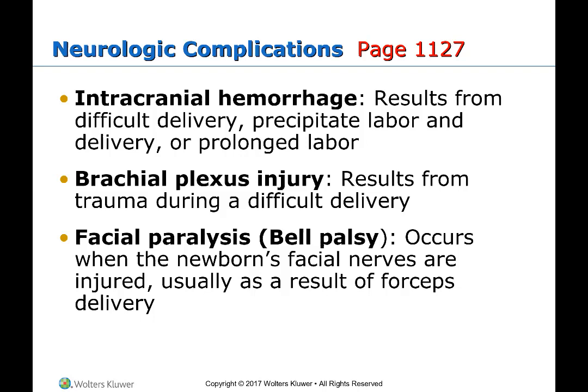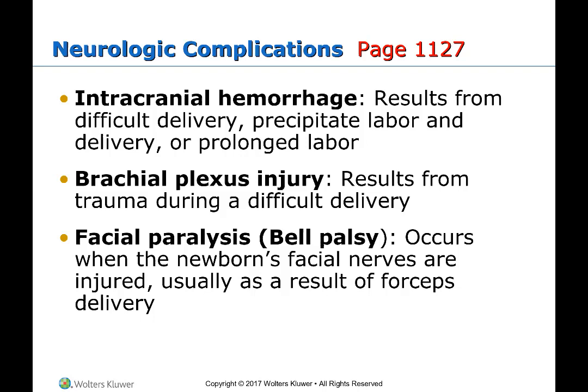Last one we have is facial paralysis, Bell palsy. I'm sure you will see this again. One of the things that you need to be aware of, if you were looking at a baby or an adult that had Bell palsy, where are we seeing this? How would we know?